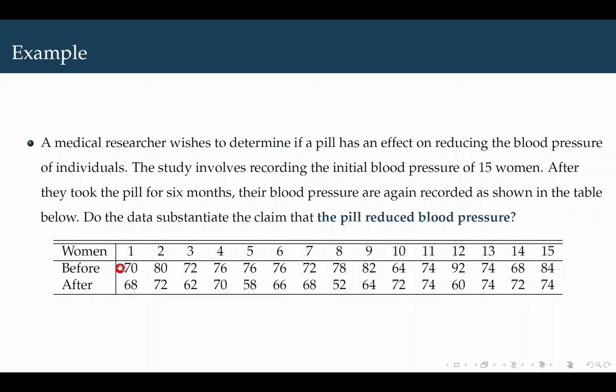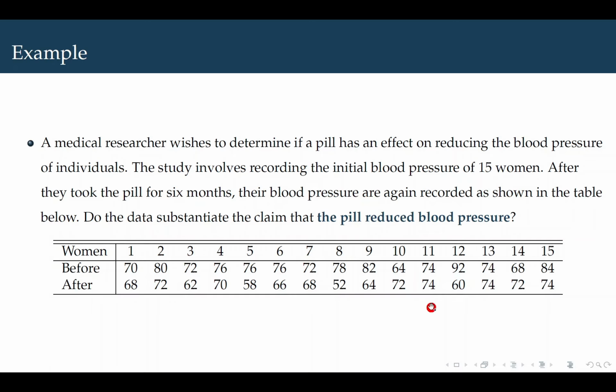So here, for example, 70 minus 68 is 2. Therefore, for woman 1, the pill has a decreasing effect. Similarly, 80 minus 72, the difference is 8, and again the pill has a decreasing effect. 72 minus 62 is 10. Again, for the third woman, the pill has a decreasing effect.